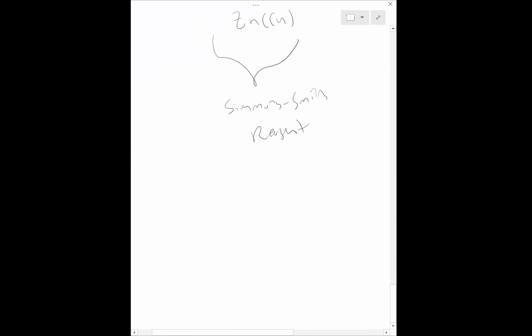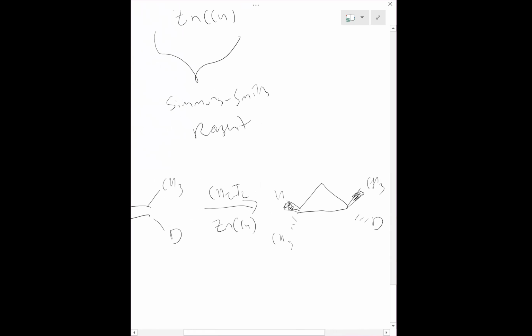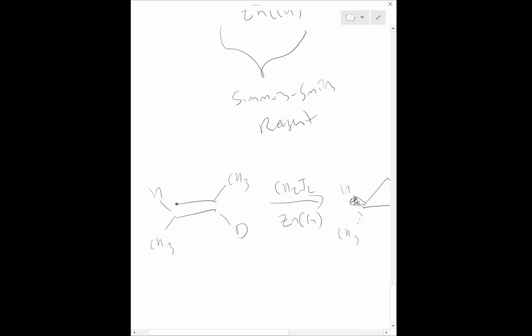So this was when you have a cyclohexene. Let's see how this looks if we had just a regular double bond. You end up with this. So notice stereochemistry is preserved.